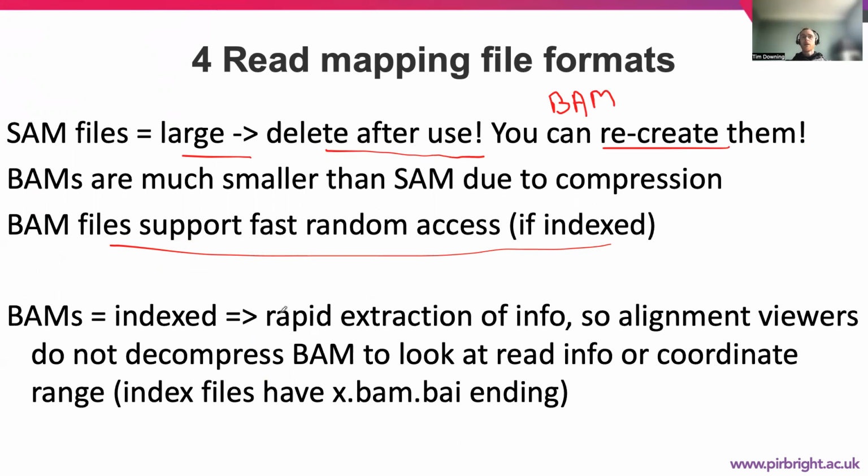This access is permitted by indexing, so you can extract information very quickly, so that alignment viewers don't decompress the BAM to look at the read info for particular coordinates. Hence we will have this file called the sample name x.bam.bai at the end. It's a different file type, so just bear that in mind.